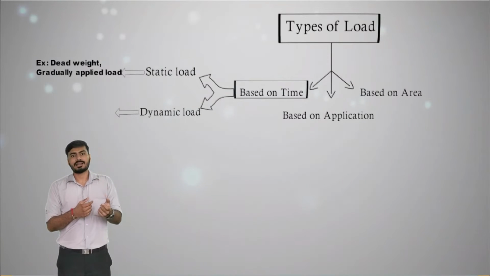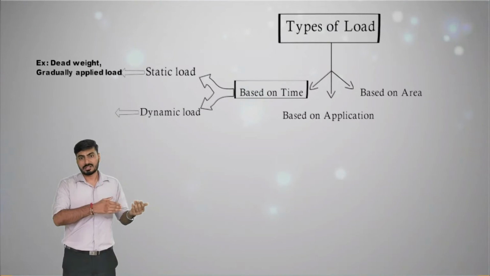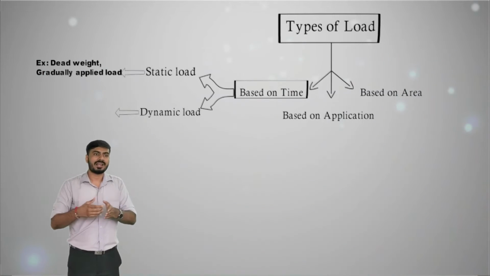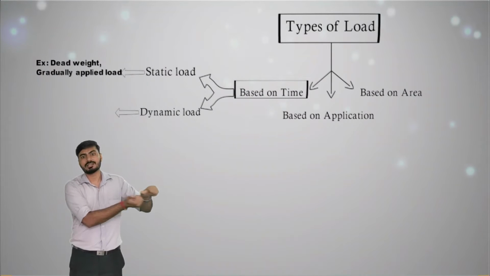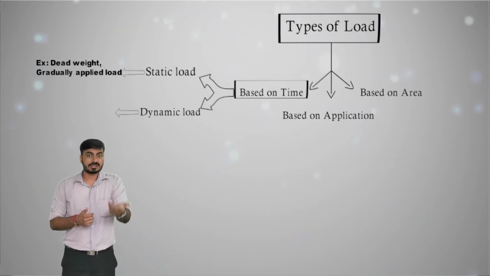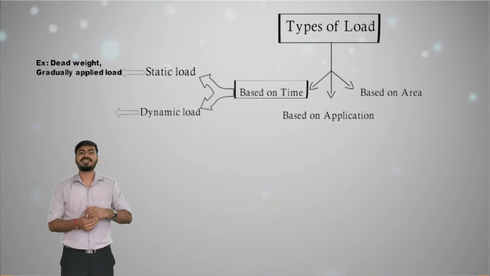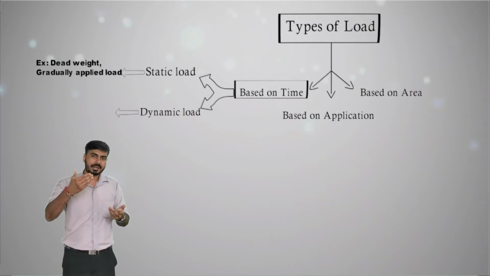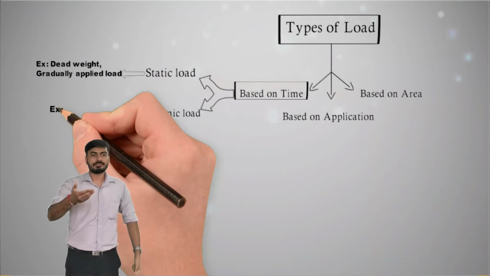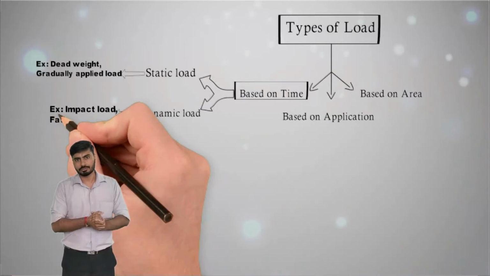So we can say that if the magnitude of the load is changing from 100 kilonewton to 50 kilonewton with respect to time over 1 hour, or if the load is applied in a horizontal right side direction and after 1 hour it is changed to the horizontal left side direction, so either the direction is changing or its magnitude is changing, that type of load is known as a dynamic load. There are different examples available for the dynamic load, and impact load or fatigue load are the best examples under the category of the dynamic load.